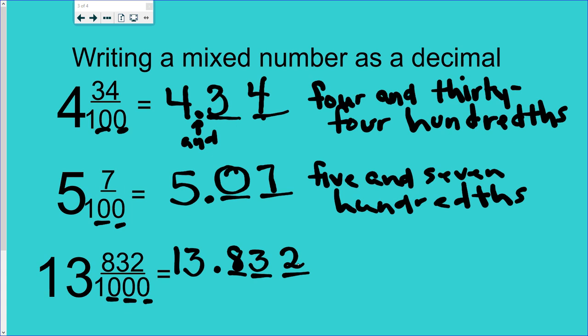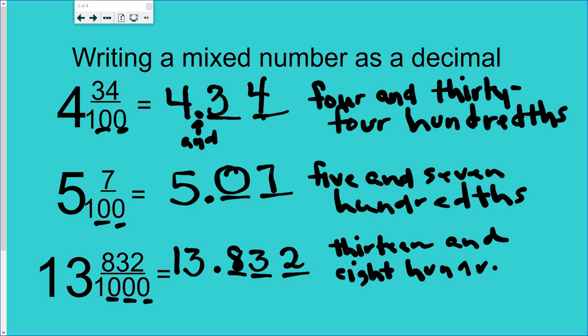So how do I write it? Well, we write what's before the decimal point. I have 13. So I write 13. Decimal point means and. 832. The whole number right there. 832. 800 and 32, and then of course I'm in the what place?